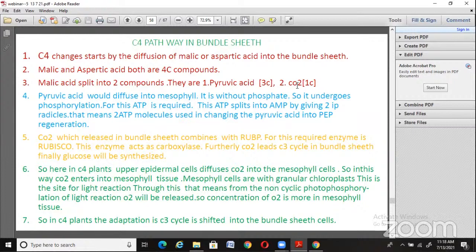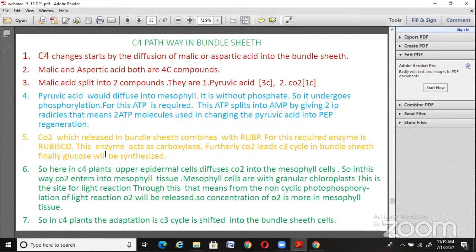Malic acid is a 4C compound, holding 4 carbons in its structure, so it splits into a 3C compound, pyruvic acid, and a 1C compound, carbon dioxide.